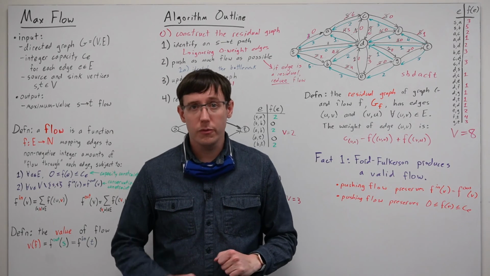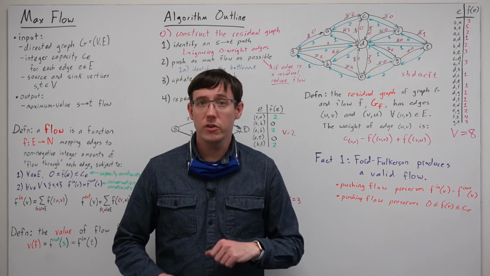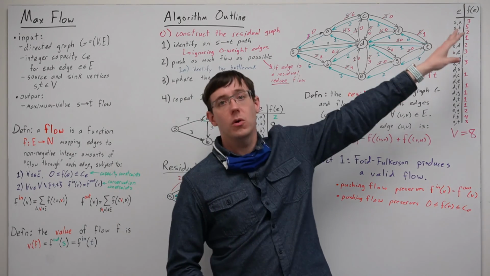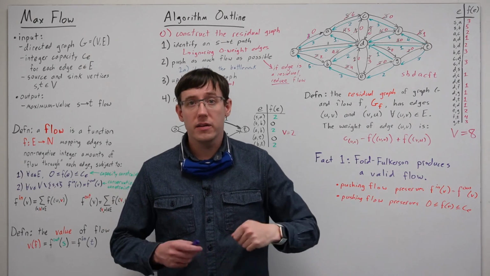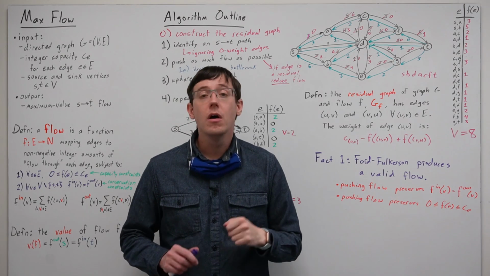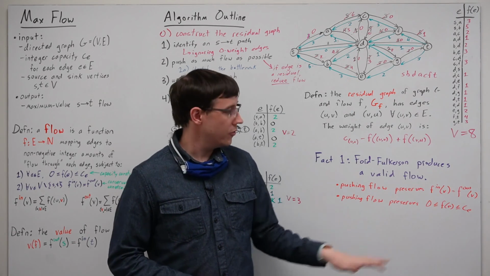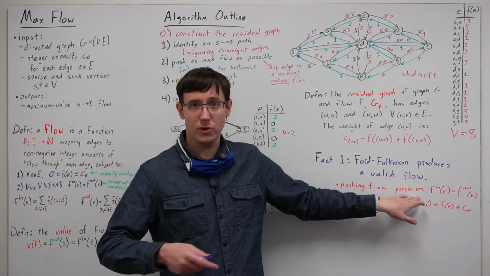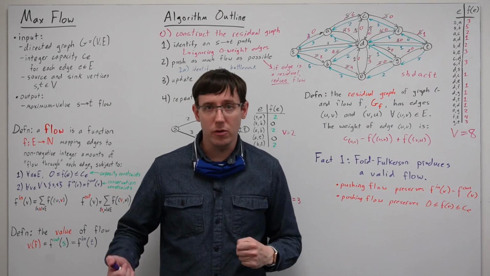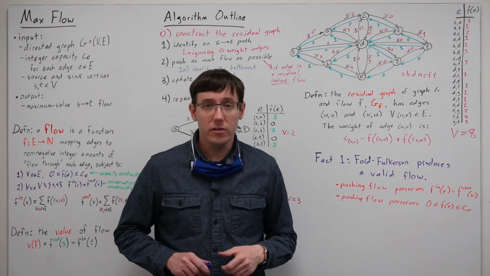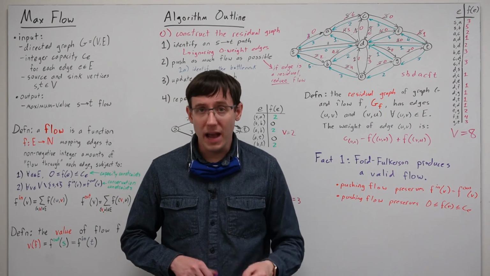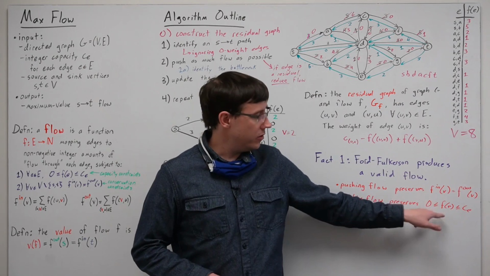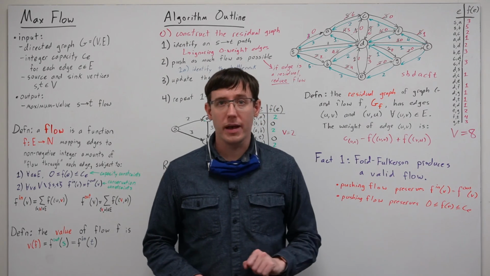To argue that Ford-Fulkerson gives us a valid flow, we should think inductively about every step where we push flow along some path, and demonstrate that that operation always preserves the conservation constraint that for every vertex other than the source and the sink, the inflow and outflow are balanced, and that this operation preserves the capacity constraint, always keeping the flow on any edge between 0 and its capacity.